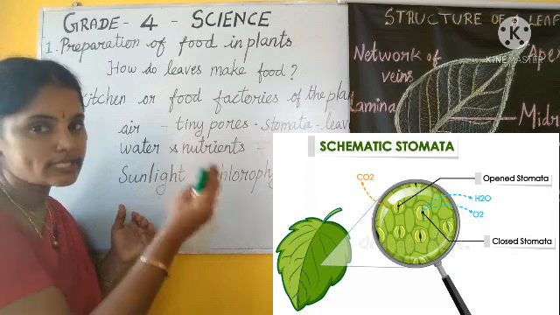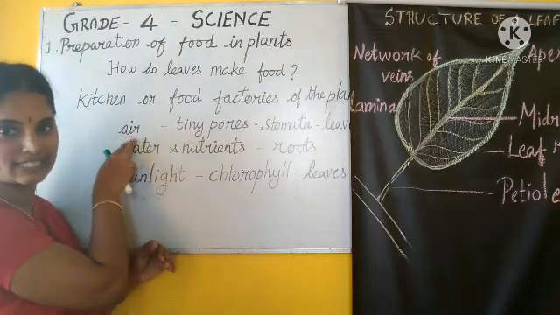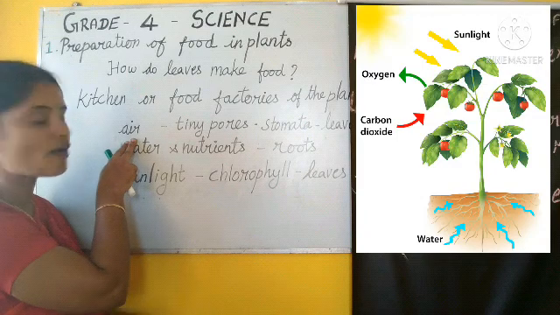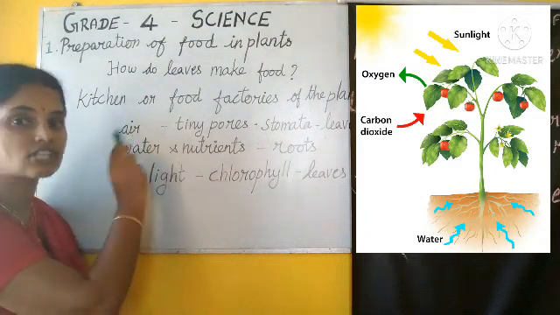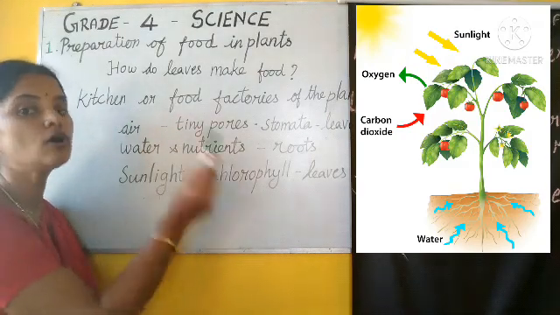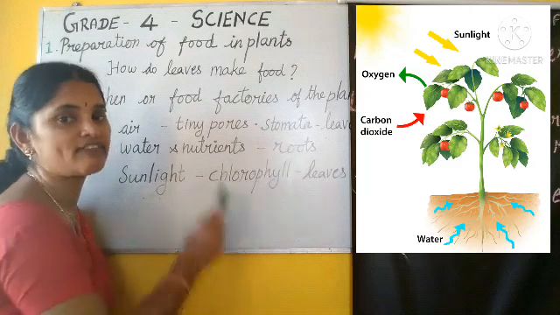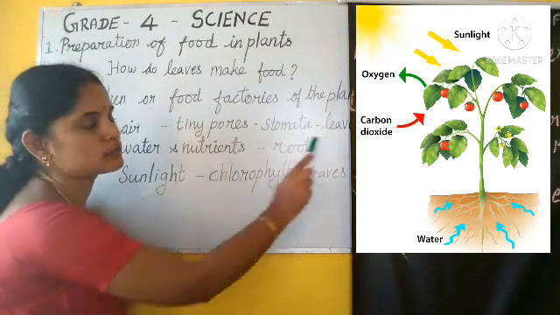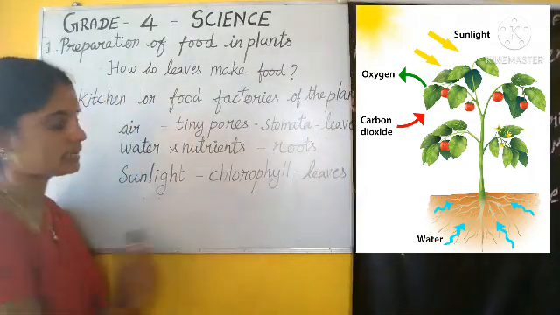Clear? So what happens through those pores? Exchange of gases. Air is the mixture of many gases. So exchange of gases happens through the pore. That pore's name is stomata. The pore is present in the leaves.